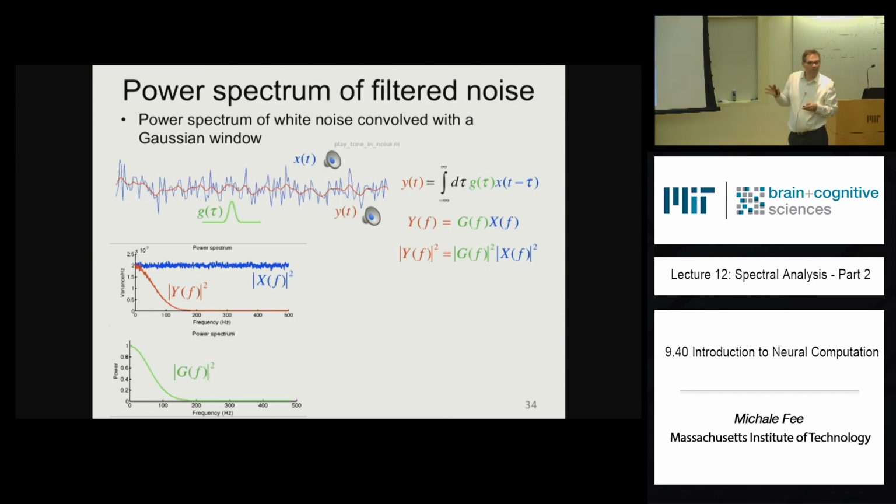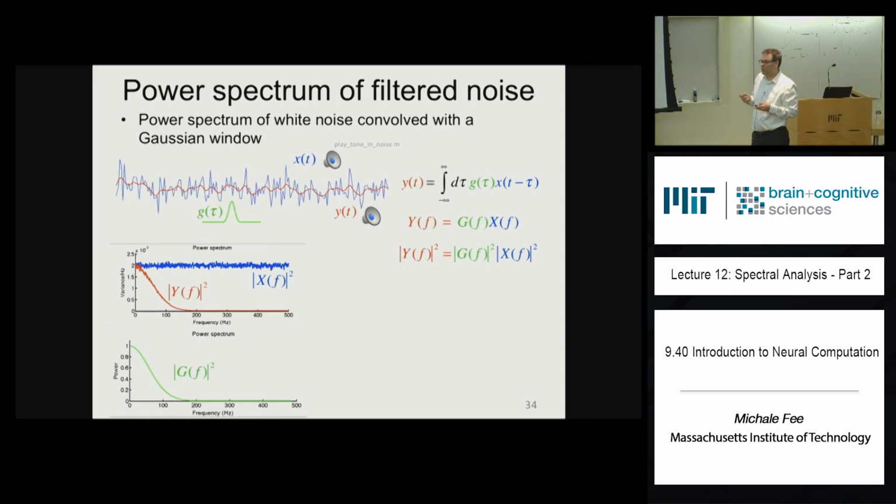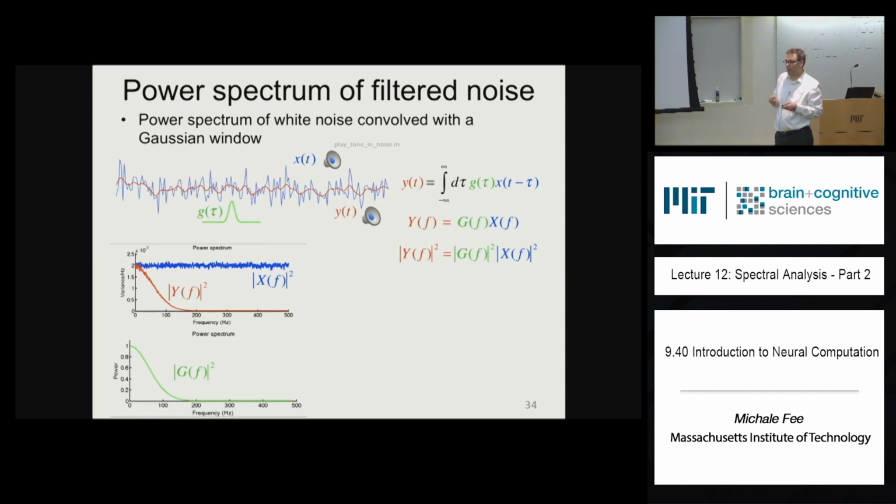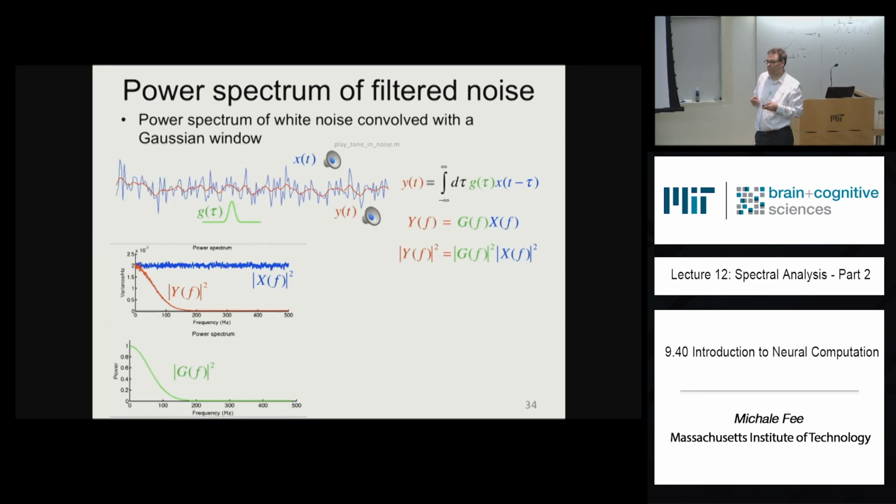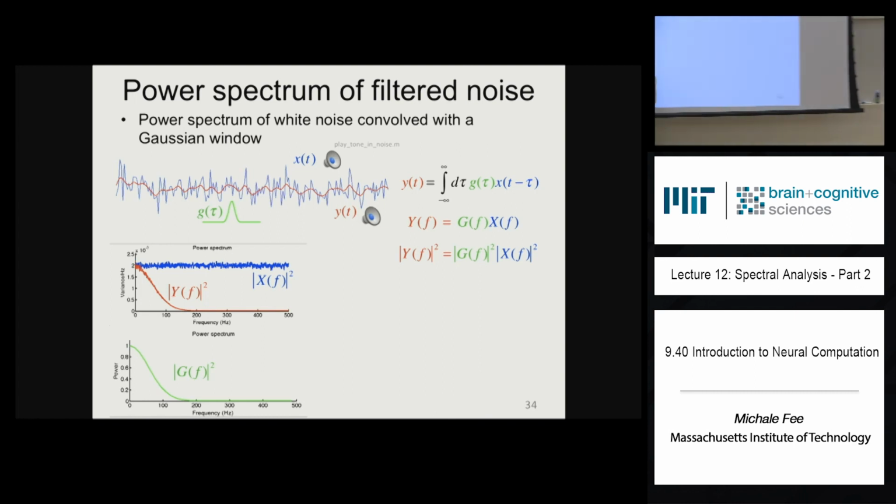What would a high-pass filter look like in the frequency domain? A low-pass filter would pass low frequencies; a high-pass filter would pass high frequencies and suppress low frequencies. Right?